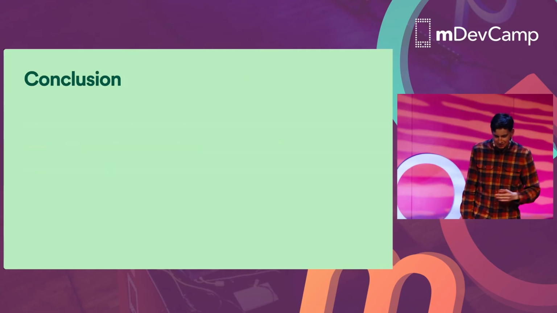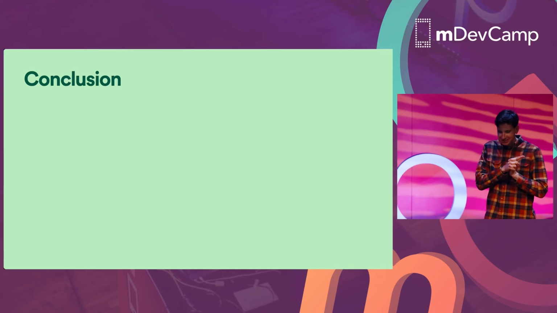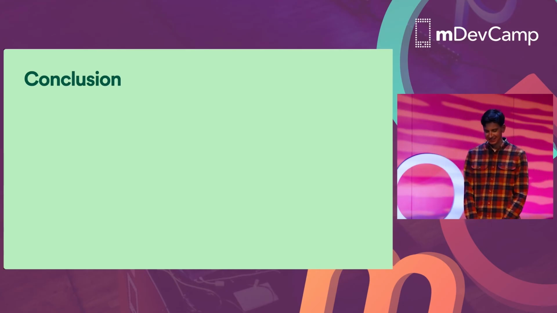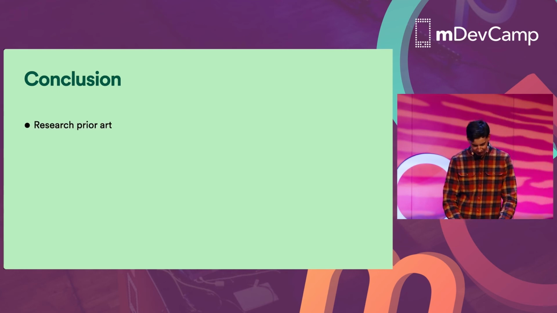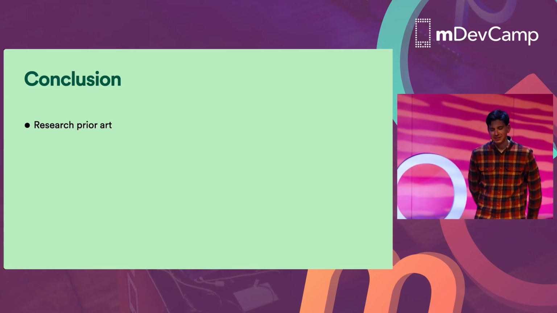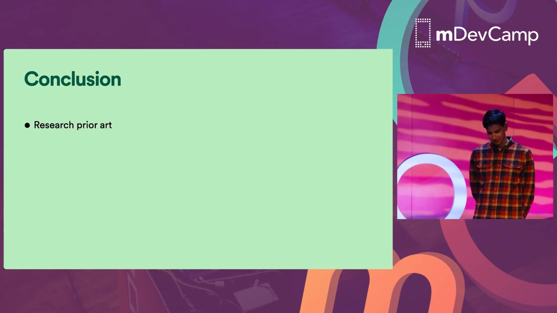And before I end, there's one bonus part. I would like to share a few lessons that I and the team where I work learned while working on those building blocks. So first of all, never start building your own solution without researching prior art.